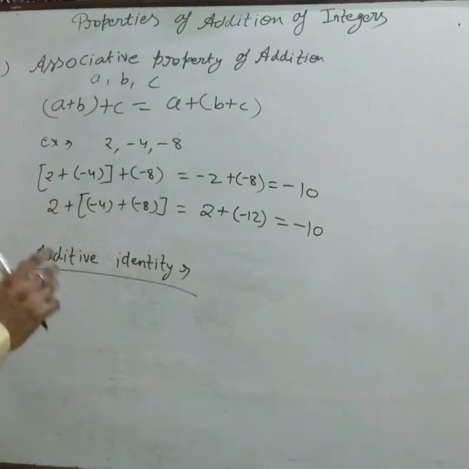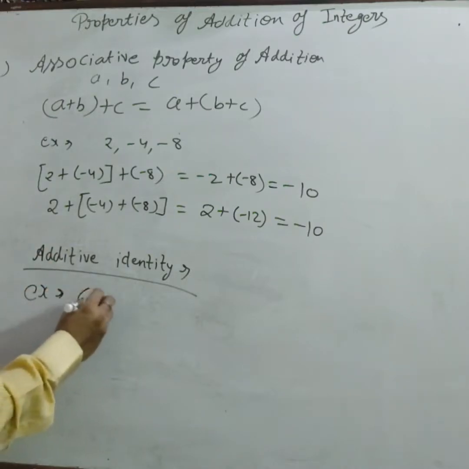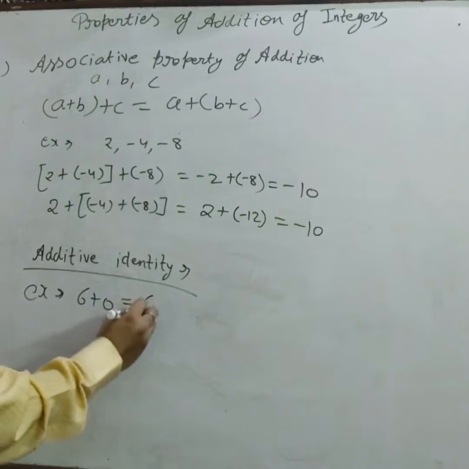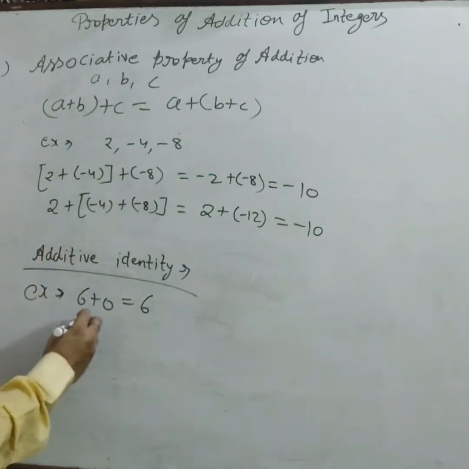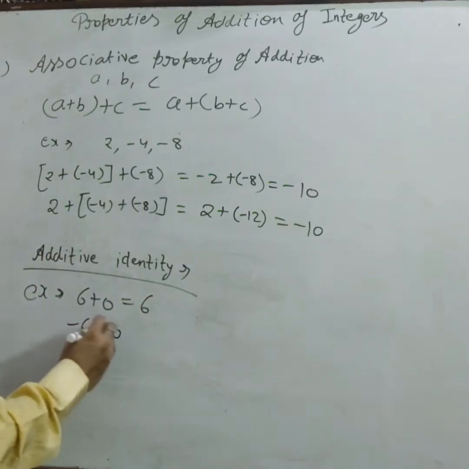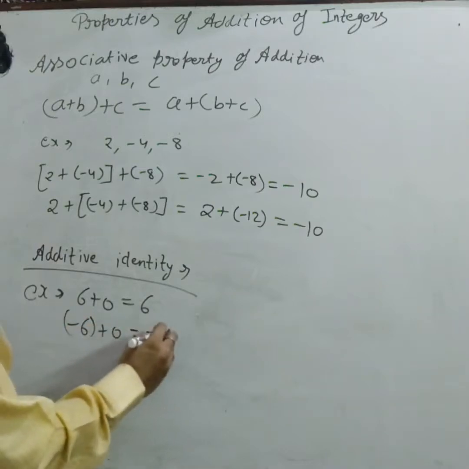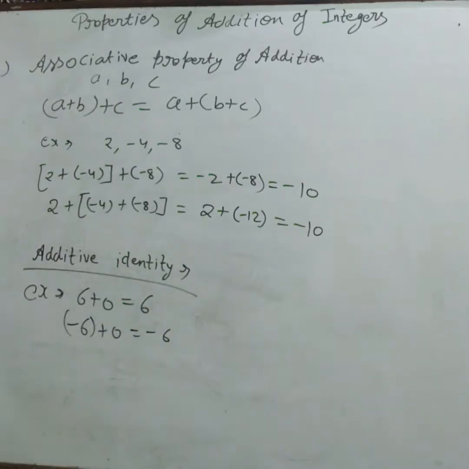That is the additive identity. For example, 6 plus 0 is equal to 6. -6 plus 0 is also -6.